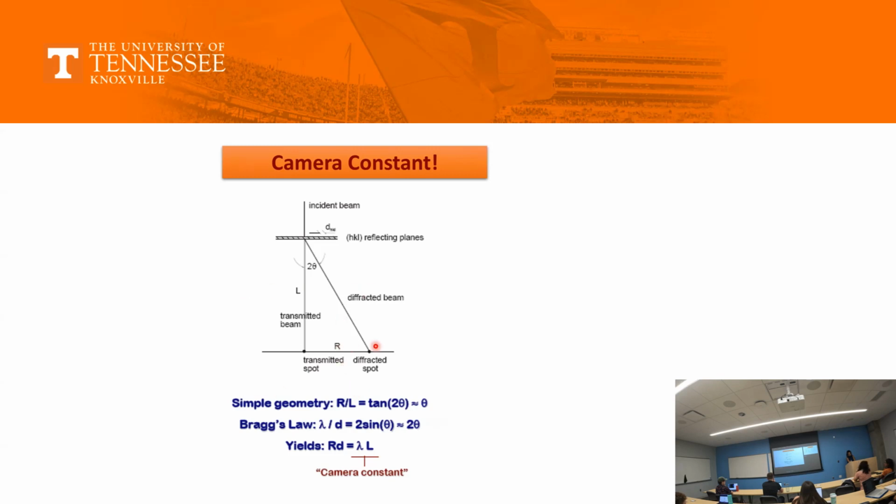Now here, this is something I would talk about: camera constant. Your camera constant is one thing that would tell you about the magnification of your diffraction spots, the magnification here that I just told you about.